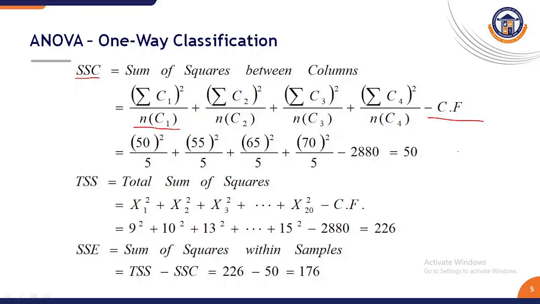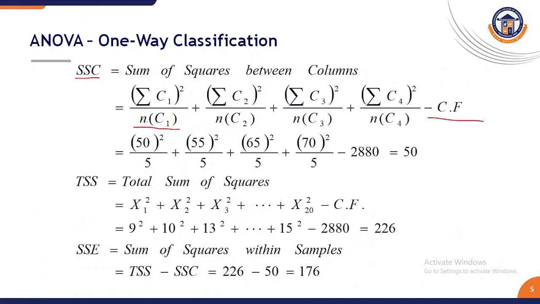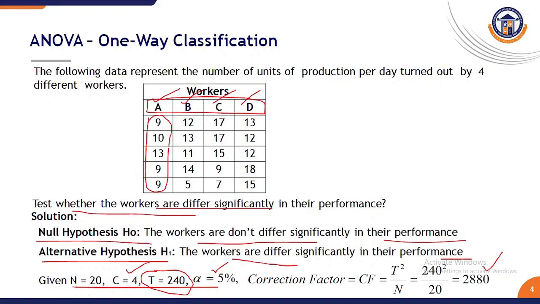In each case we have to subtract the correction factor from the sum of squares value. So first take the sum of the first column. Its total is 50. So 50 squared divided by 5. 5 is the number of elements in the first column.